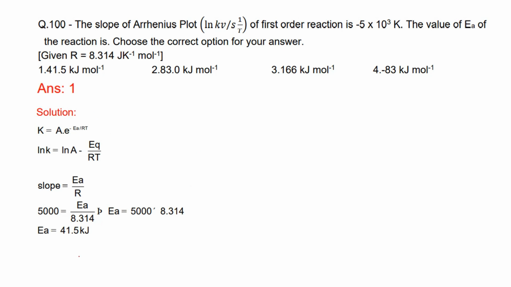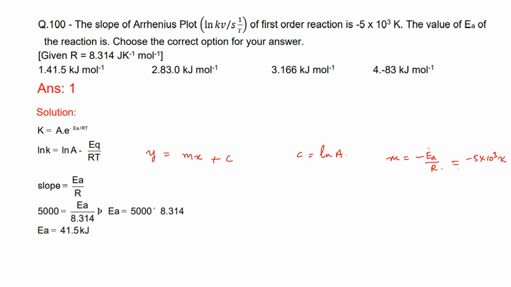Because this particular equation is like y is equal to mx plus c. Here c is log A, that is the intercept, and the m value, that is the slope, is minus Ea by R. So minus Ea by R is equal to minus 5 into 10 power 3 Kelvin.